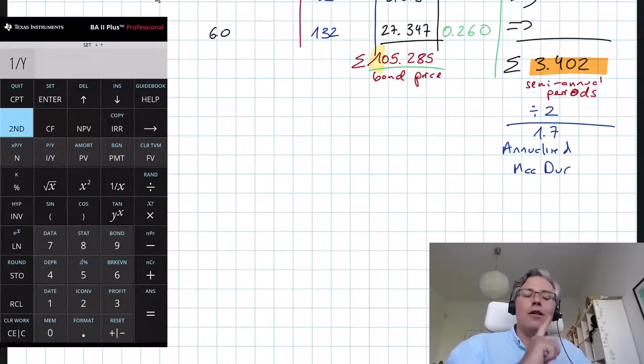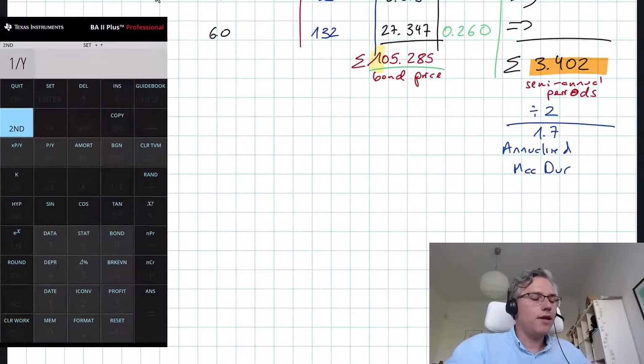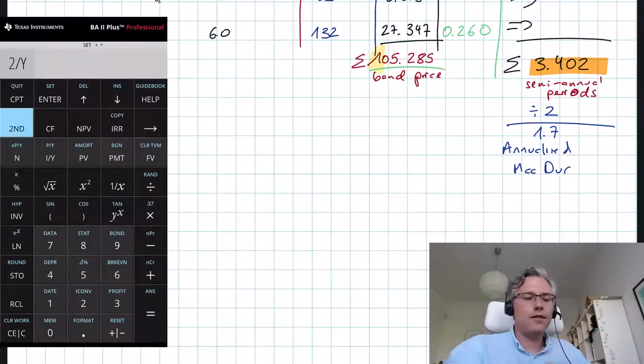That's good. Now, the thing I need to switch is the assumption of the coupon being paid not once a year, like here, but twice a year. So I do this by pressing second followed by enter, which has it set as its secondary function.